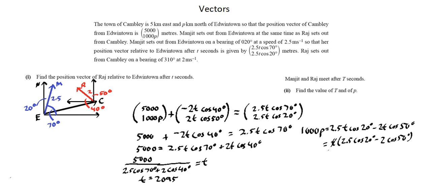The t we replace with 2095, and if we divide both sides by 1000, we get our solution for p, which is 2.23. This concludes our lesson on using vectors and relative velocity to solve problems of interception.